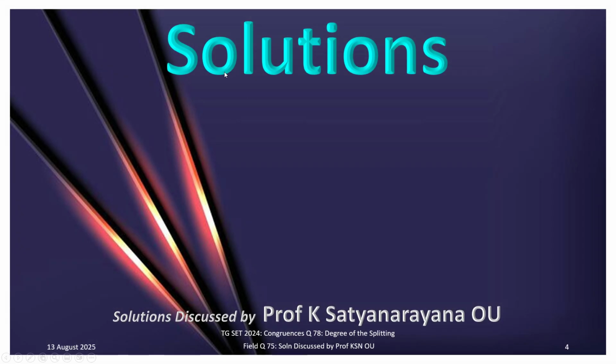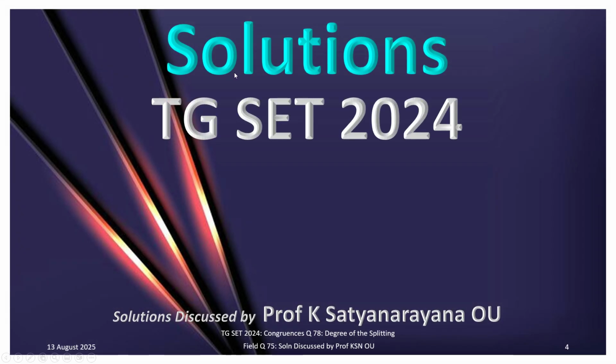We continue the discussion of the solutions of the problems that have appeared in the Telangana SET exam 2024, that is TG SET 2024. In this video, we discuss the solutions of two problems from the section Algebra.